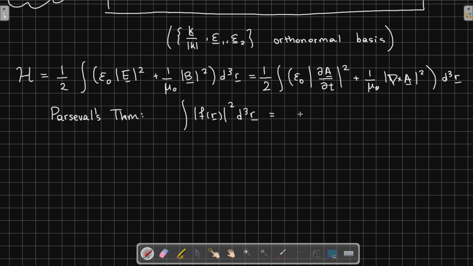So if I take this integral right here, then I can write this in Fourier space as the sum of the modulus squared of the Fourier transform. Okay, here I'm using the sum because k is a discrete variable. If it was continuous, I'd have to use an integral. Okay, so it seems quite intuitive. And we'll use this because it allows us to write this integral as a sum rather than an integral, which is usually easier to deal with.